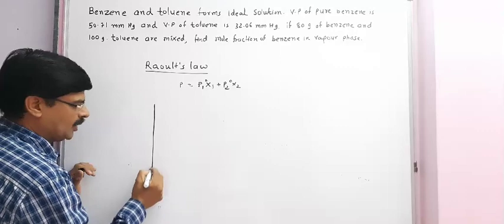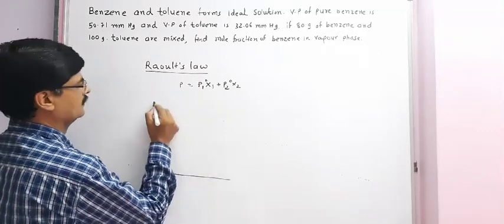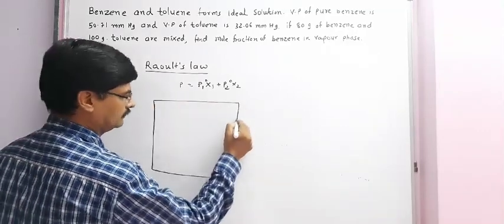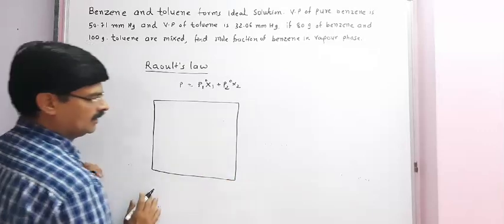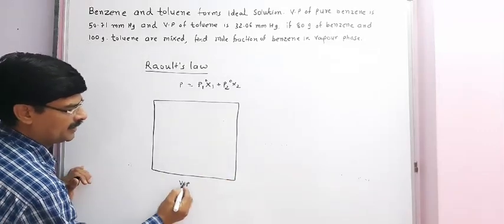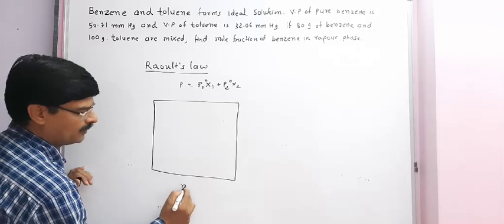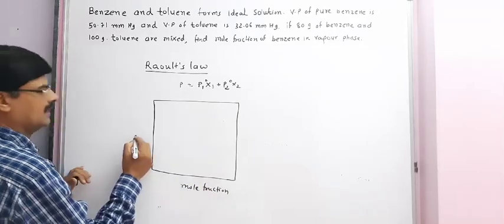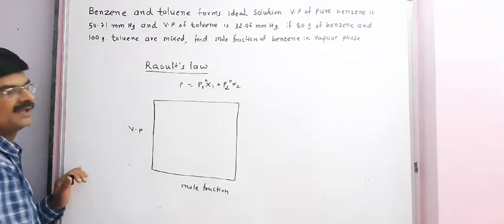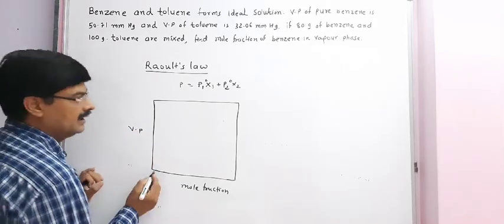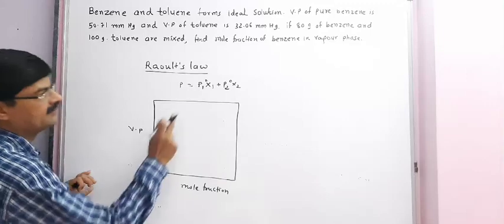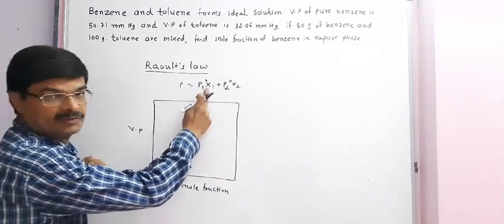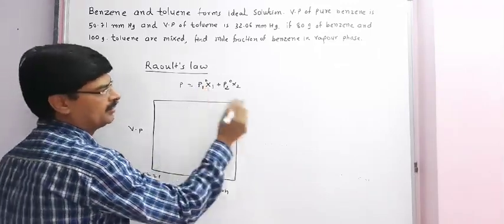If a graph of vapor pressure versus mole fraction is plotted, then if we keep X1 is equal to 1, what happens?